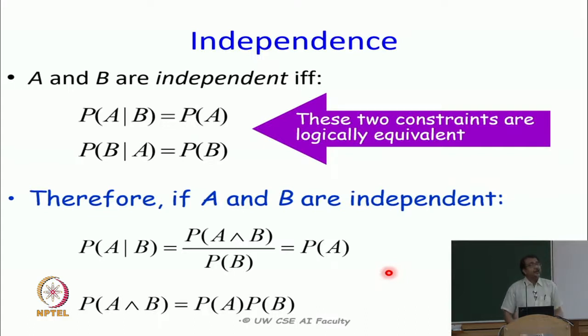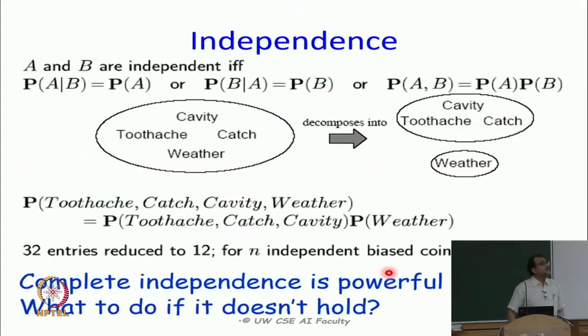Okay. So, now why is independence important? And this slide illustrates it. Suppose A and B are independent. So, let us say in one set I have cavity, toothache and catch. In the other set I have the weather.